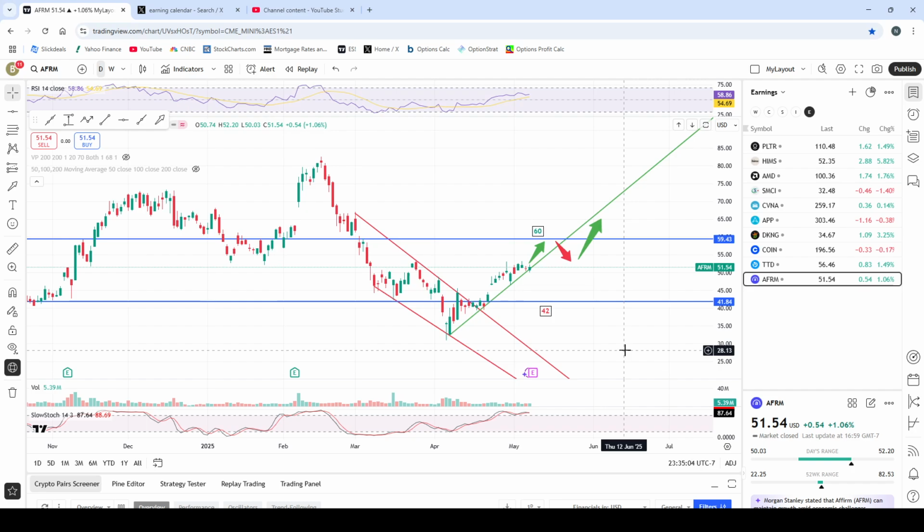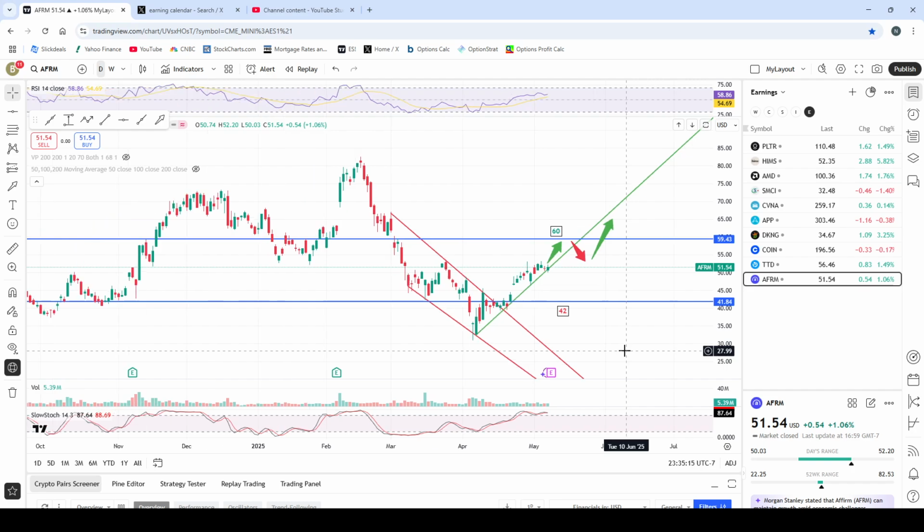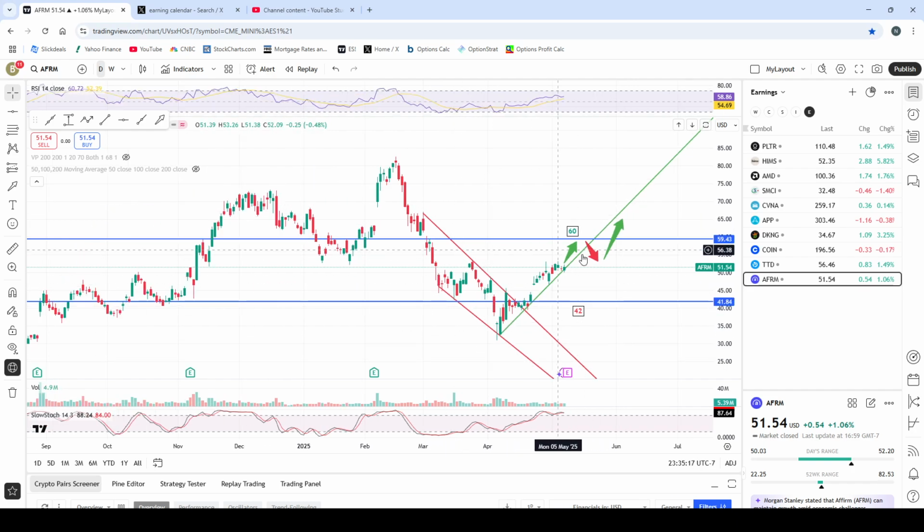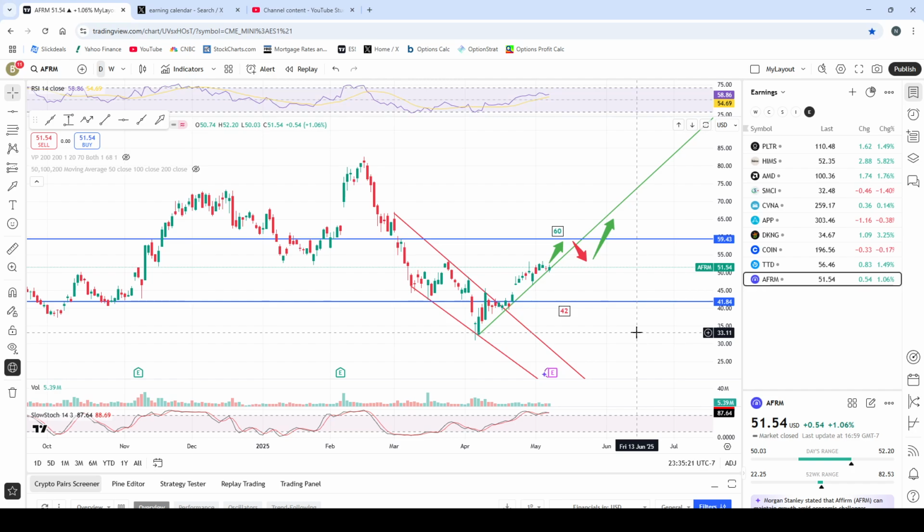And remember that nothing is 100%. So I'm just looking at it and making a guess, right? And the more you do this, the more you see price action, you will have more experience in predicting the direction of a stock, and you get better, and your prediction will get more accurate over time.